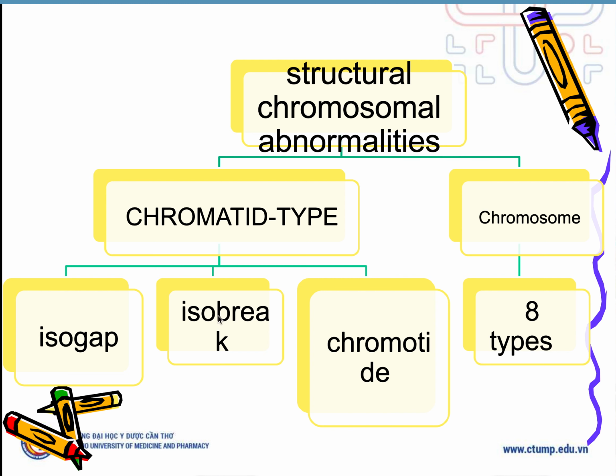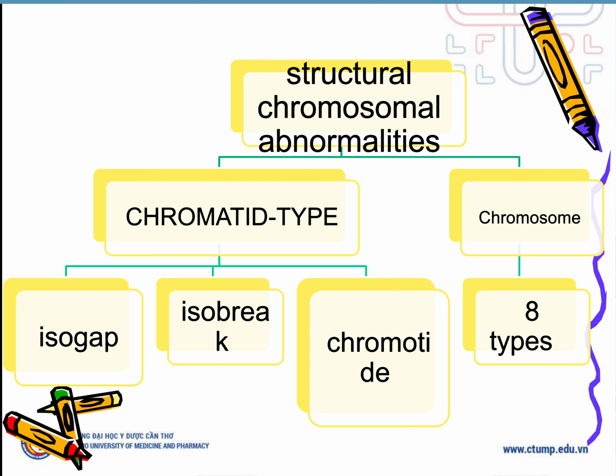The other one they call isobreak. That means there is also a short segment of a chromatid that is broken. The broken segment may lie far away from the chromosome, but the break is on one chromatid only.